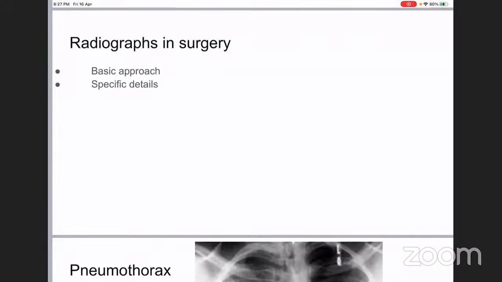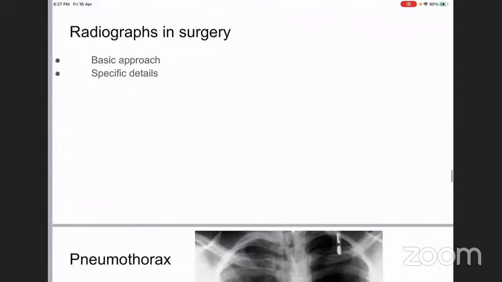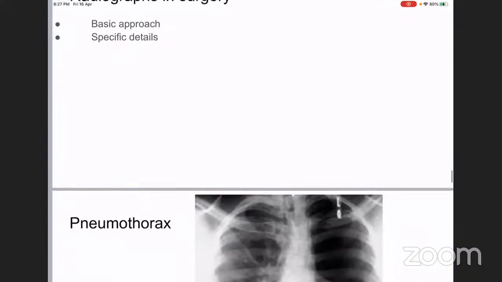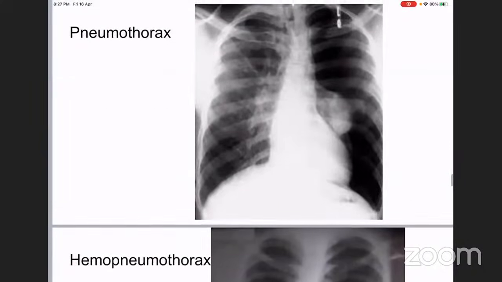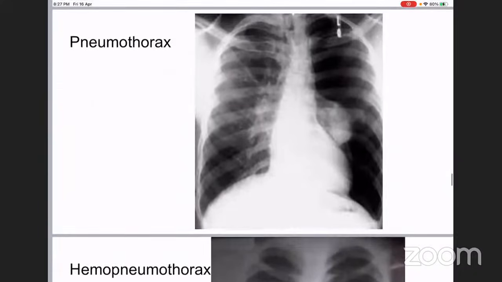And if it is a contrast radiograph, you say whether it is a barium swallow, a barium meal, a barium follow-through, or a barium enema, and whether it is a single contrast study or a double contrast study. All these things have to be commented upon before you move on to the specific details. So let us quickly go through a few commonly seen radiographs. I am sorry, the slides will also display the diagnosis here.